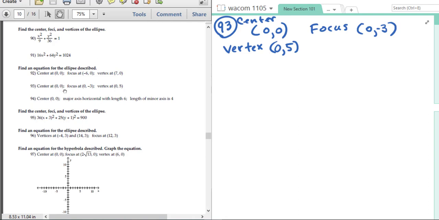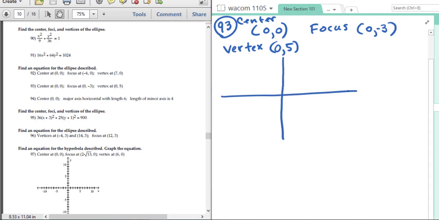93. We have information again: (0, 0) for the center, (0, -3) for the focus, and the vertex. I would draw a little picture. I want to know if it's horizontal or vertical. So (0, 0), don't go over, go up 5. So it is going to be vertical.